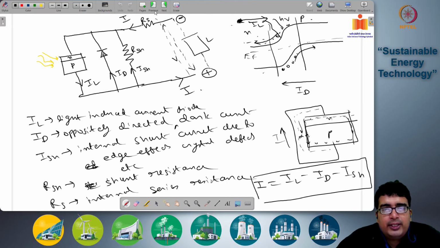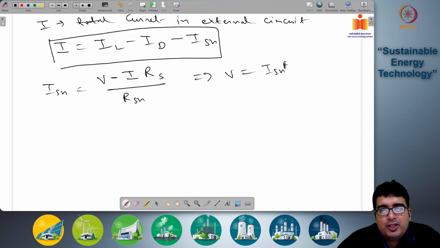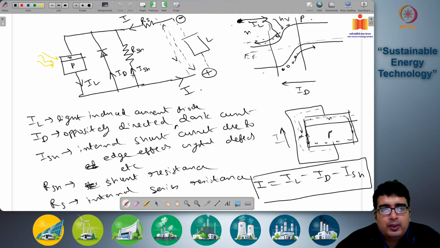So the external voltage plus this current into the resistance is equal to ISH into RSH. So basically the voltage equals ISH into RSH plus I into RS. These two together: I into RS, ISH into RSH.